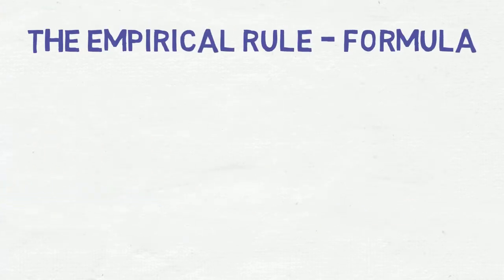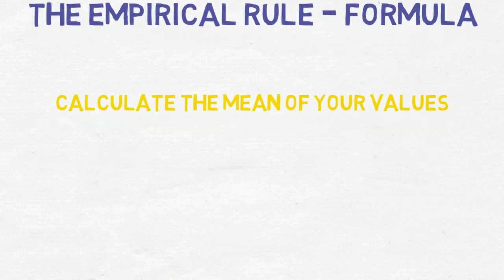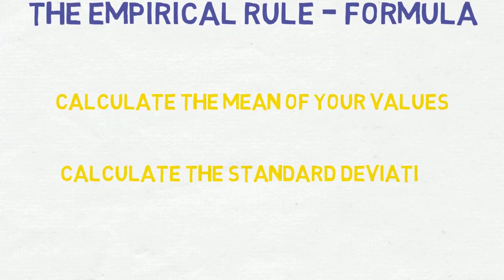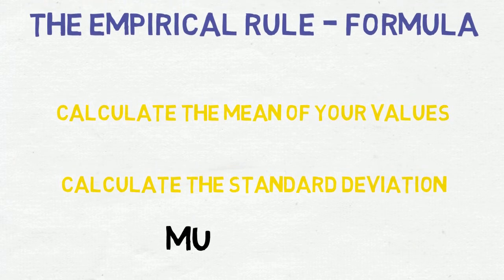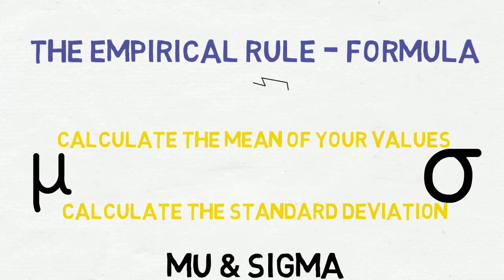Now let's see the empirical rule formula. The first step is to calculate the mean of the values, and the second step is to calculate the standard deviation, so that we have two values, mu, that is the mean, and sigma, that is the standard deviation. Then we have to apply these values to the empirical rule formula.